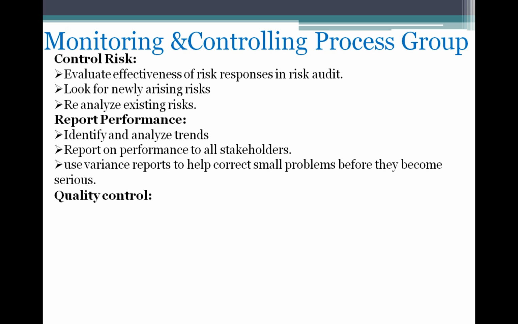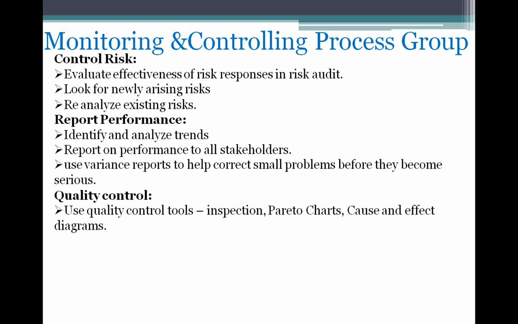For quality control, the project manager always makes sure that when there are defects, they will not arise again in the future course of the project. So use the quality control tools, inspection, control charts, and cause and effect diagrams, and spend time trying to improve the quality.